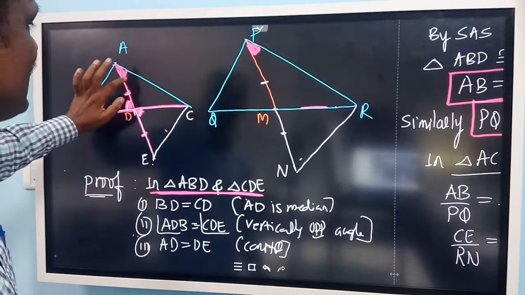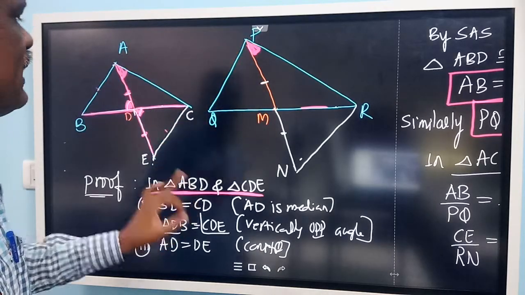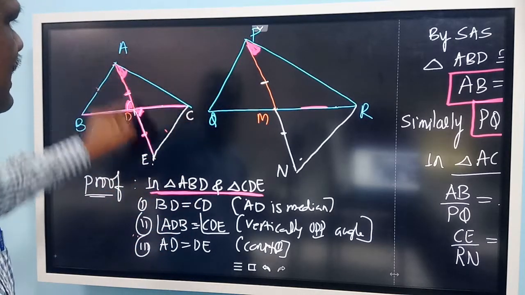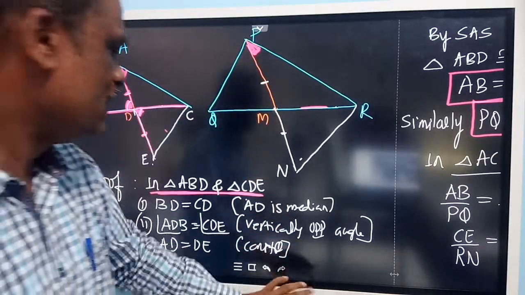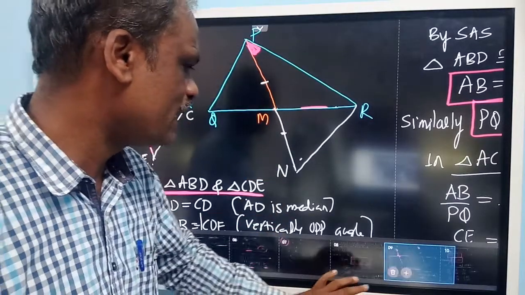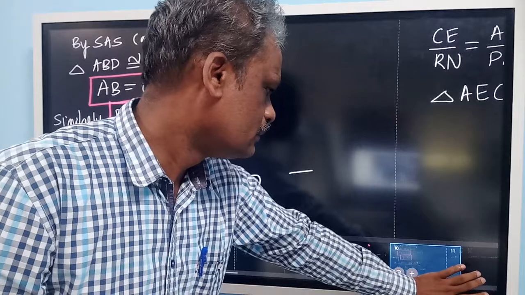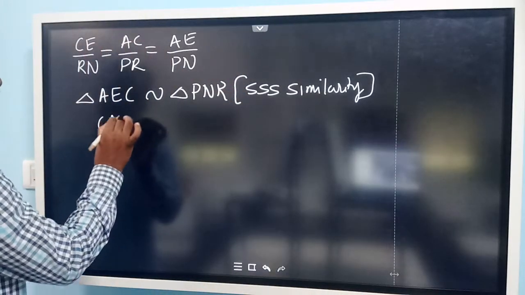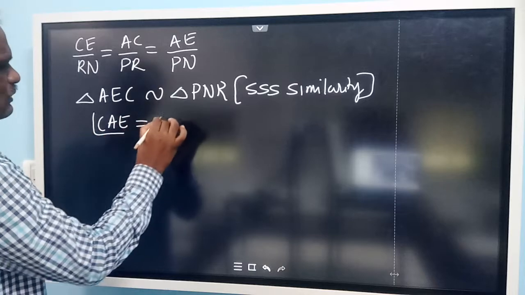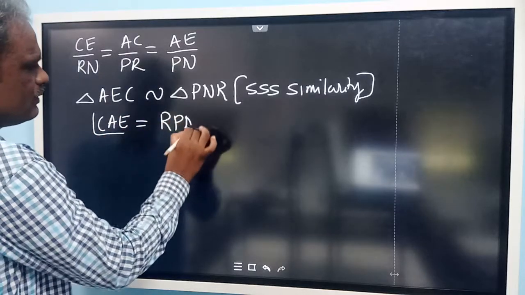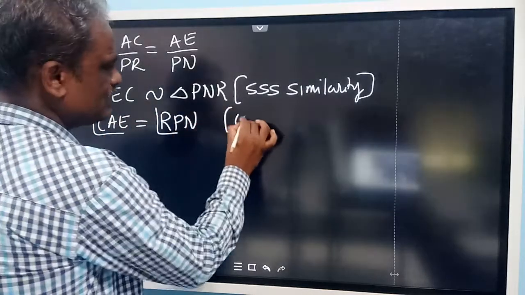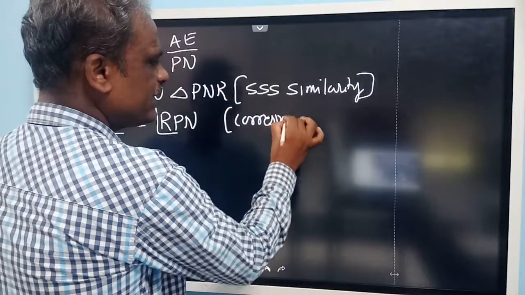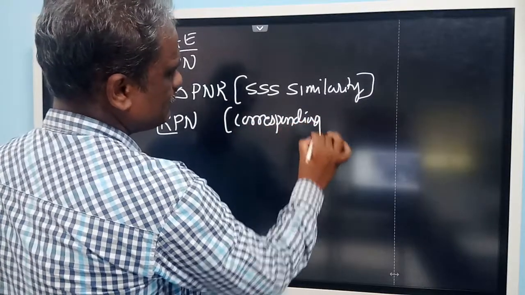In this, corresponding angles must be equal. Here A must be equal to P. So I can write angle CAE is equal to angle RPN. They are the corresponding angles of similar triangles.